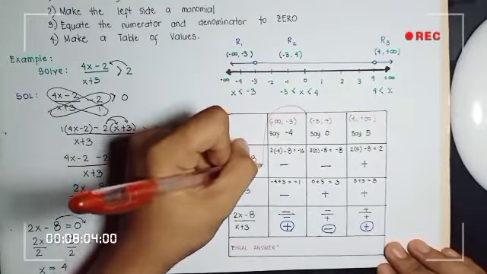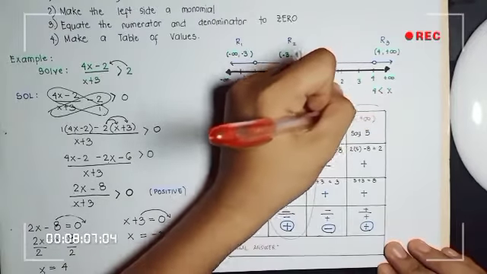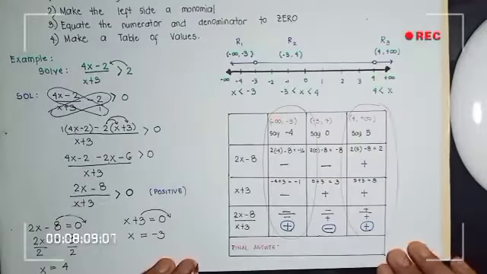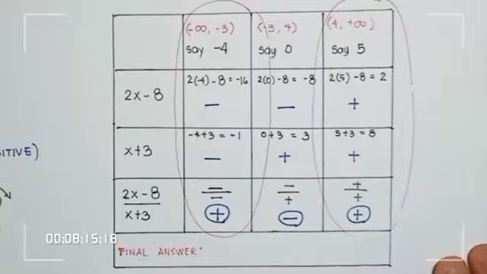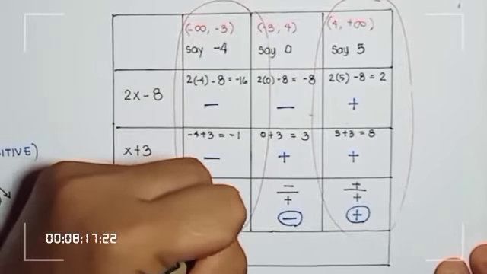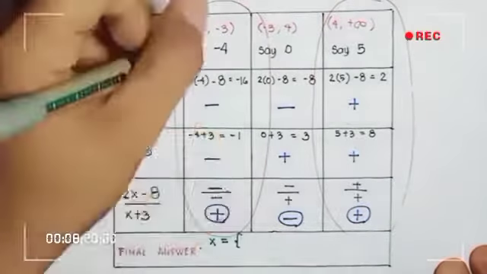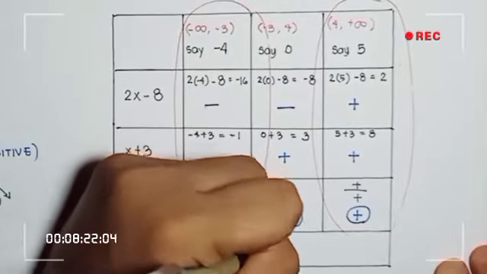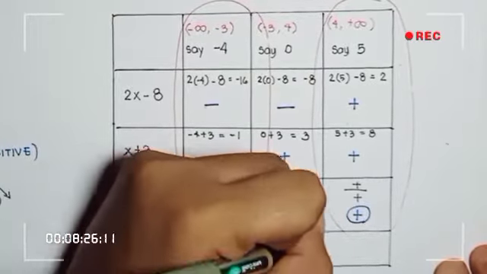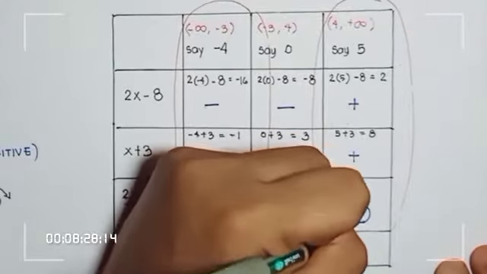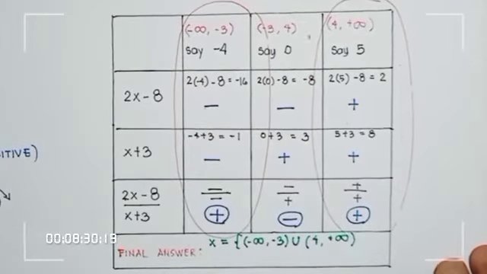That's why we have the first region and the third region as our answer. Therefore, for the final answer, we have x is equal to the union of negative infinity to negative 3 and 4 to positive infinity.